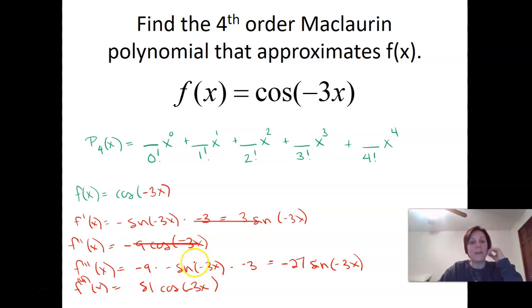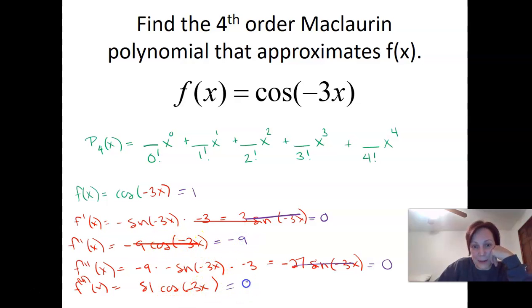Now, again, when I evaluate these at 0, all of my signs are going to go to 0, right? So this one's going to go to 0, and this one's going to go to 0. When I plug 0 in here, this is going to be the cosine of 0, which is just going to give me a 1. This is going to give me a negative 9.